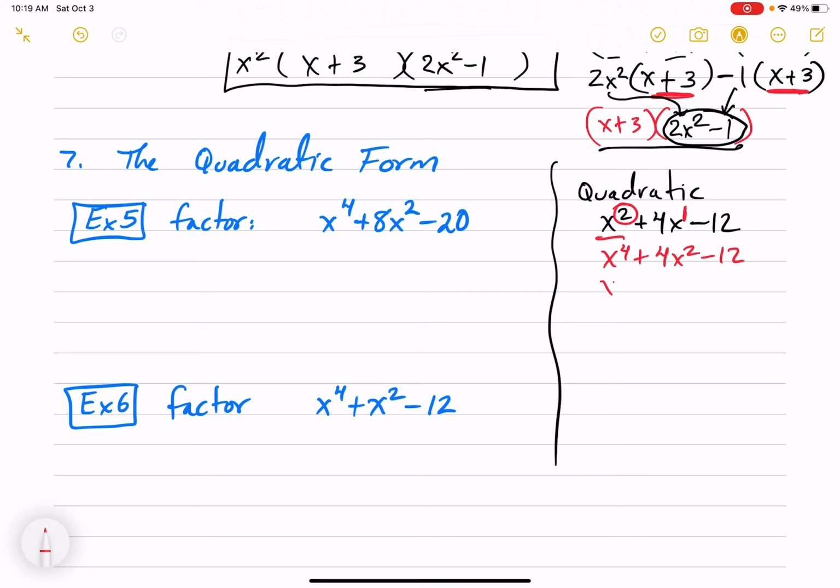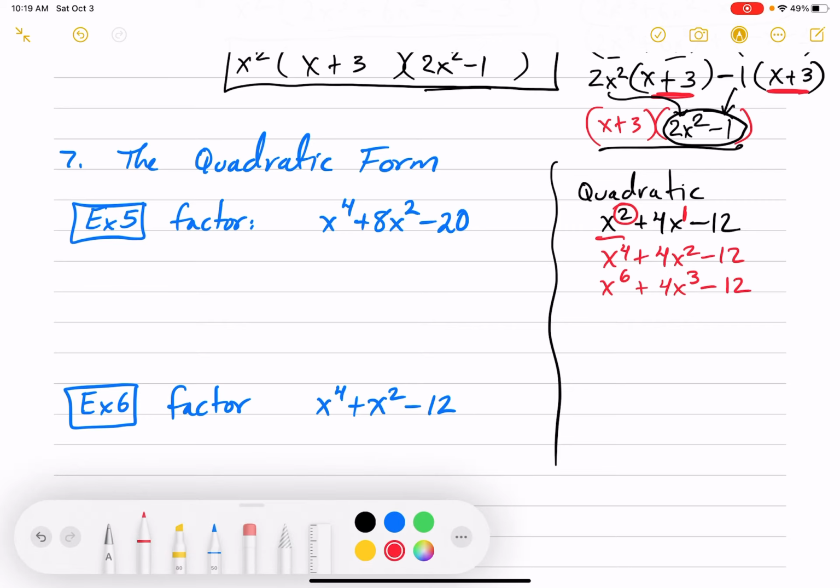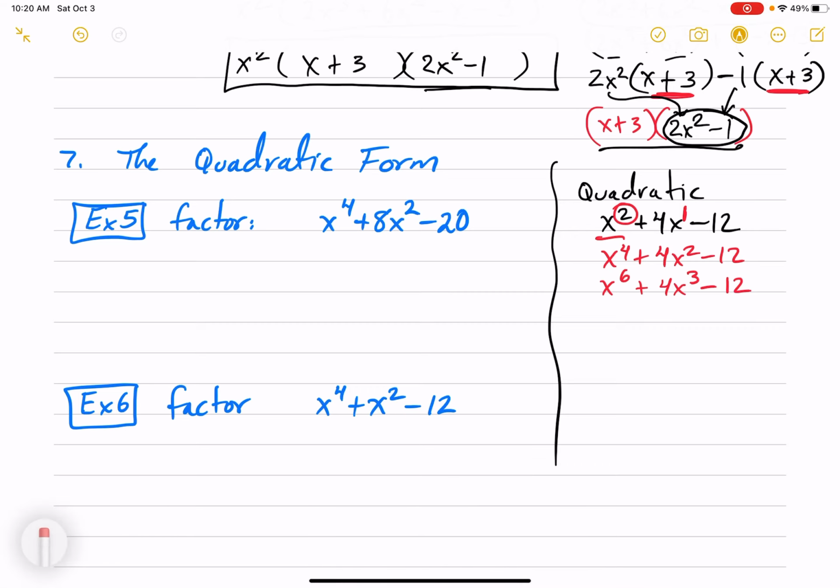If we had x to the 6th plus 4x to the 3rd minus 12, we still factor it using the same idea. The trick here is recognizing this number. This exponent times 2 gives us 4. This exponent times 2 gives us 6. As long as we have something like that, even a 10 here and a 5 here, we can treat these polynomials the same way.